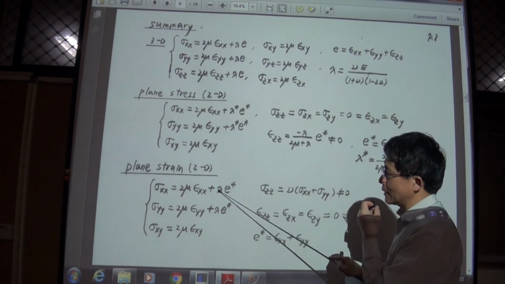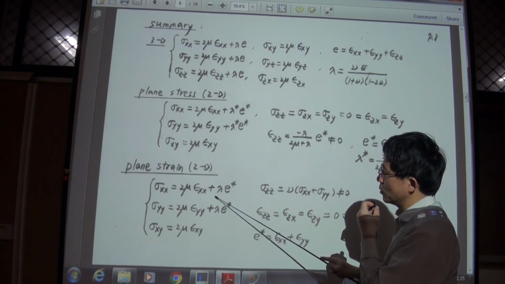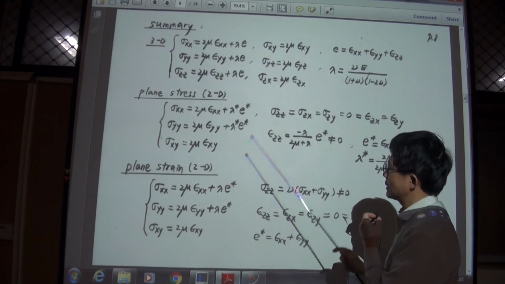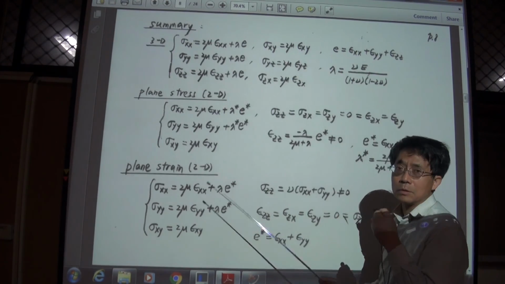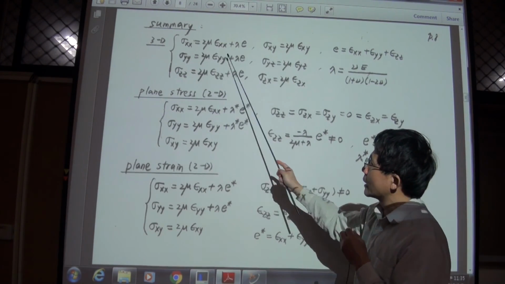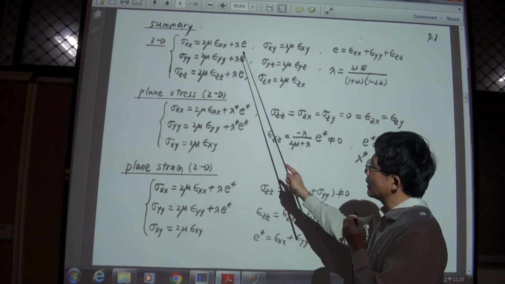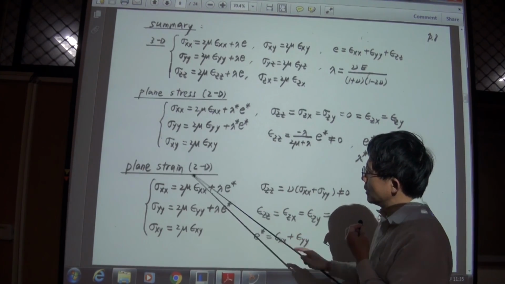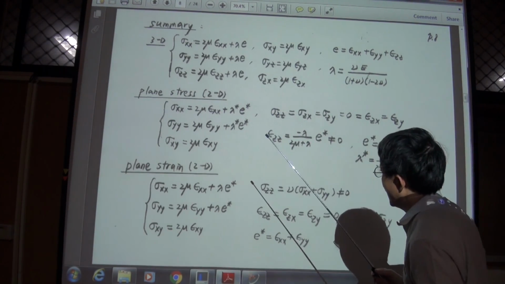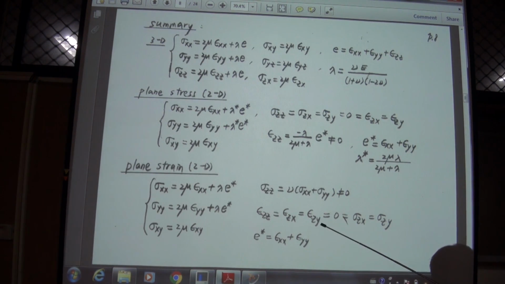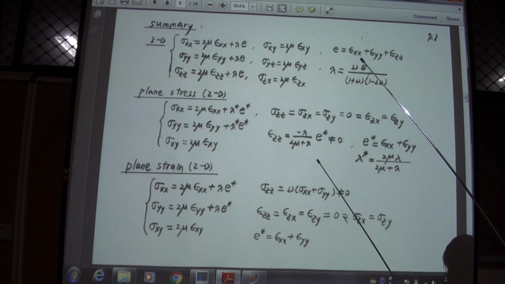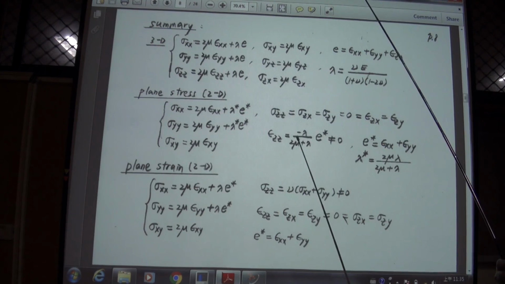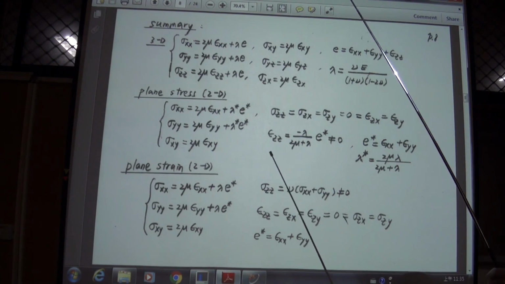Here, it stays the same and doesn't need to be replaced by lambda star. Lambda, lambda star, lambda. E star, E star. Okay, so the normal stress component can be computed from the normal strain in a similar relation. And for the shear relation, they just look the same. This is the whole picture for the stress-strain relation for 3-dimensional problems and 2-dimensional problems.